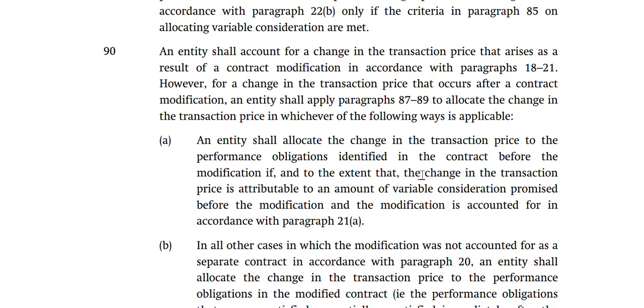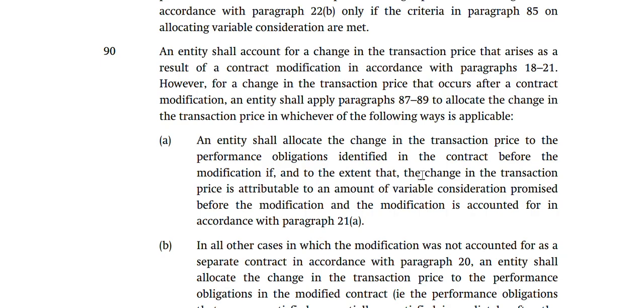Now if you're looking at 90, it says an entity shall account for a change in the transaction price that arises as a result of a contract modification according to paragraph 18 to 21. However, for a change in the transaction price that occurs after a contract modification, an entity shall apply paragraph 87 to 89 to allocate the change in the transaction price in whichever of the following ways is applicable.